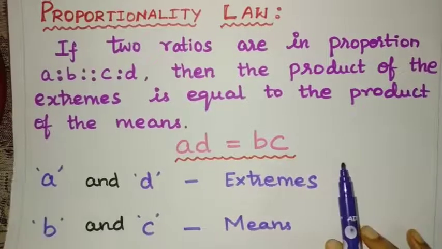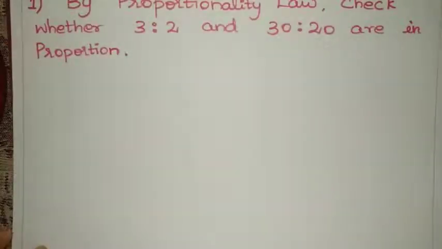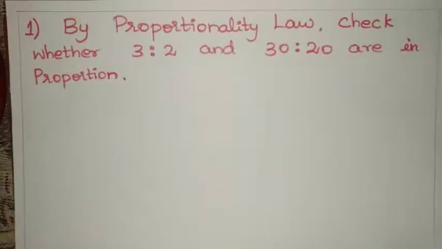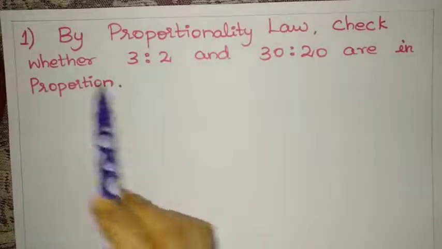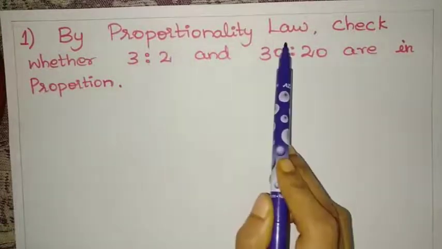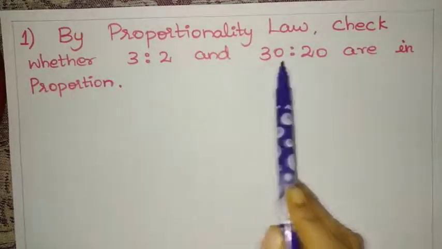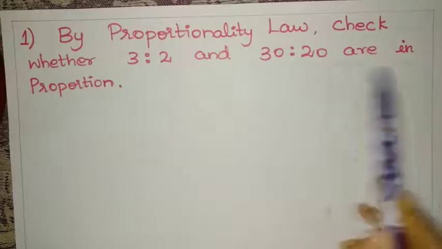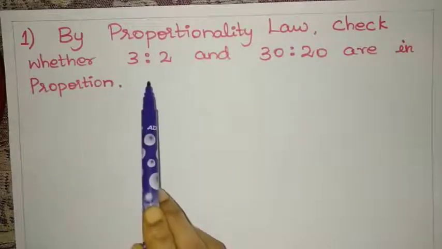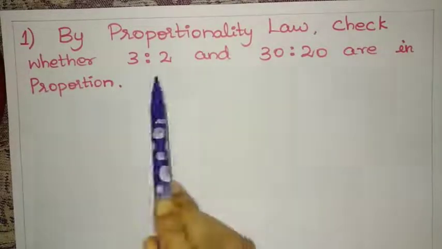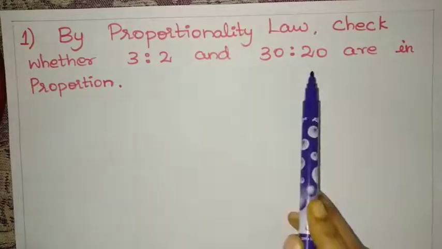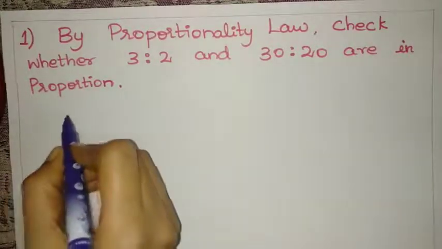So let us do one problem. Here is the question. Let's read. By proportionality law, check whether 3 is to 2 and 30 is to 20 are in proportion. So we asked to check these two ratios are in proportion or not. So let us check.